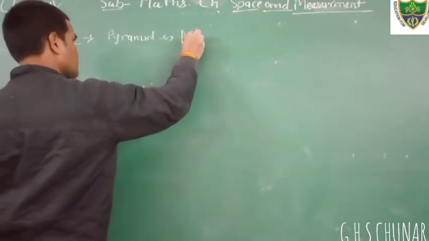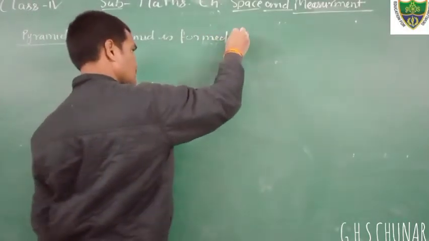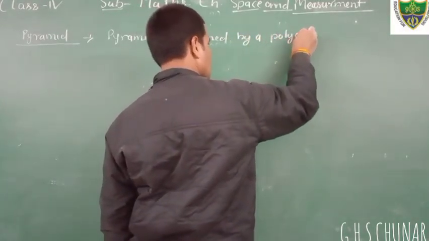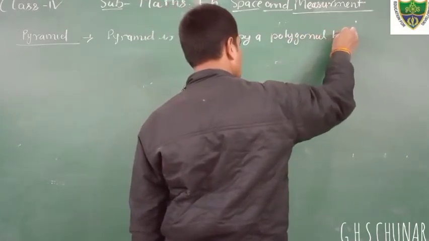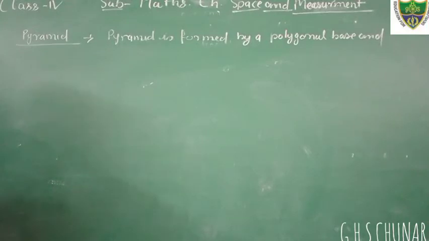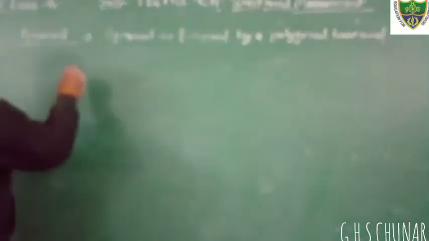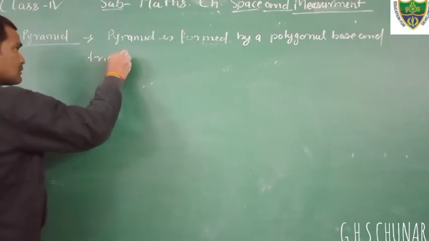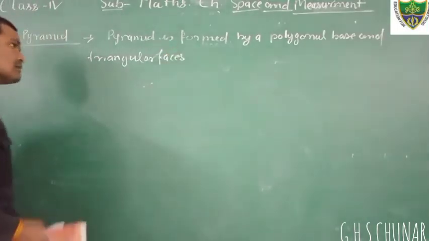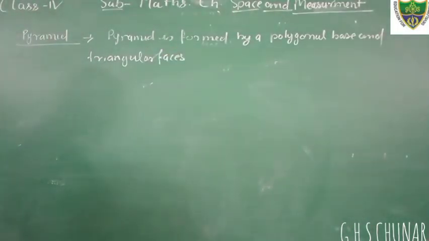The base may be polygonal, that may be triangle, quadrilateral, heptagon, pentagon, that may be anything. A pyramid will form by a polygonal base and triangular faces that meet at a common vertex.